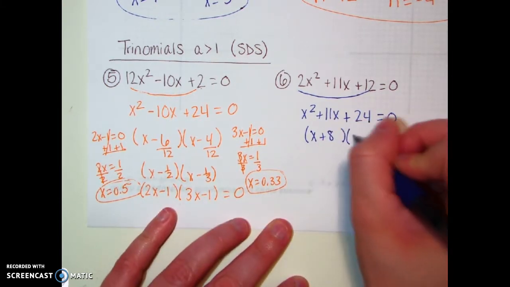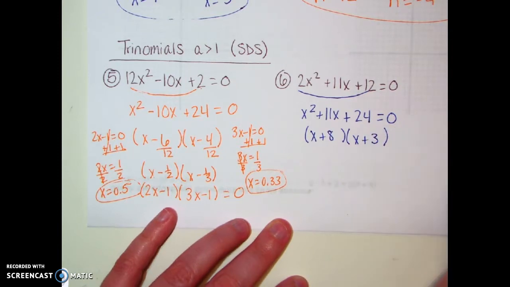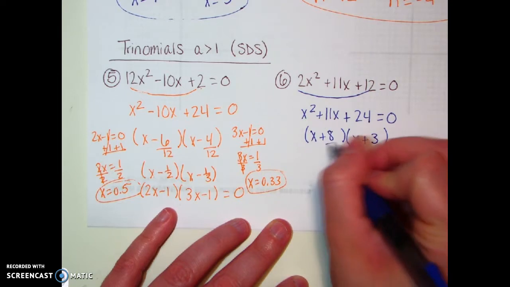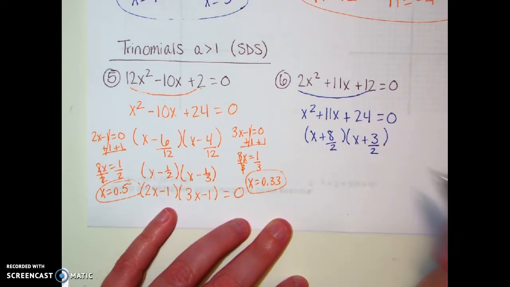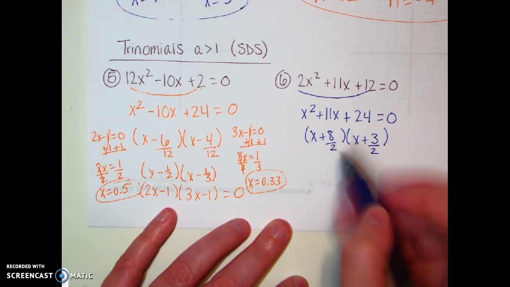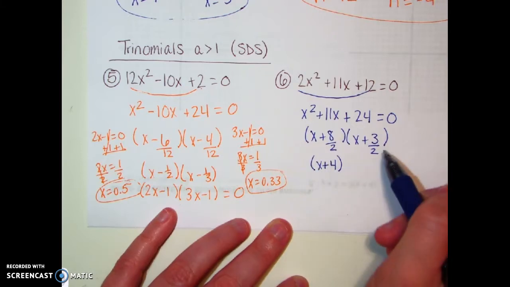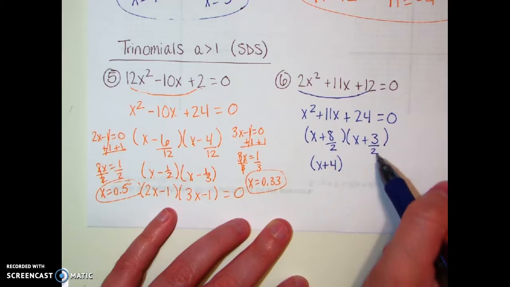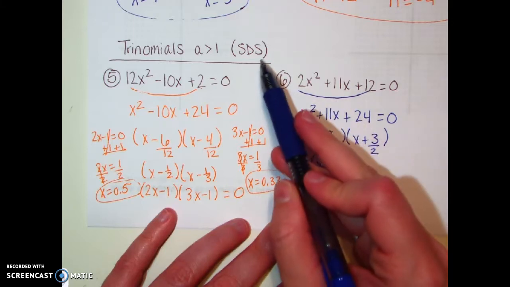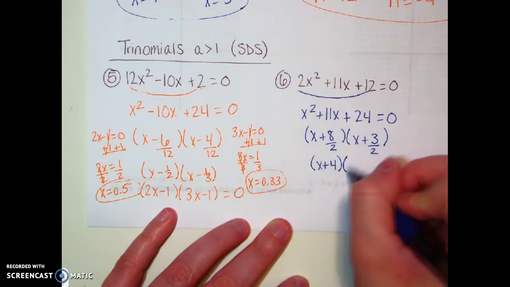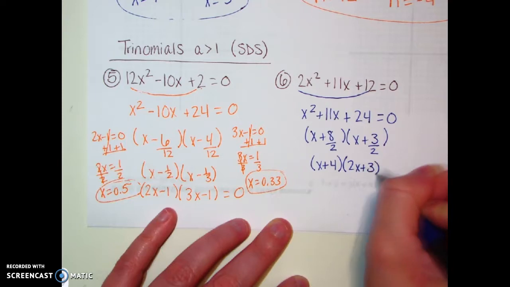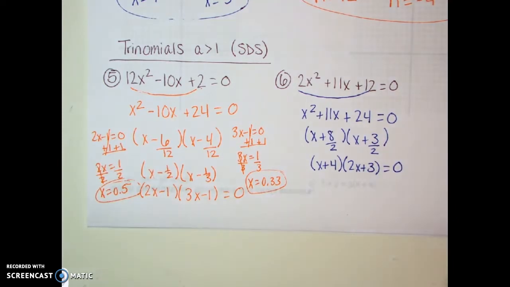Plus 8, x plus 3. Now I need to divide by whatever I slid over, so I'm going to divide both of them by 2. This one you can divide, so that one will get you x plus 4. This one I can't simplify any further, but I'm going to move the 2 to the front for that last slide. So 2x plus 3. Set each of them equal to 0.